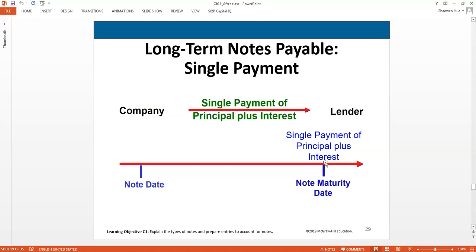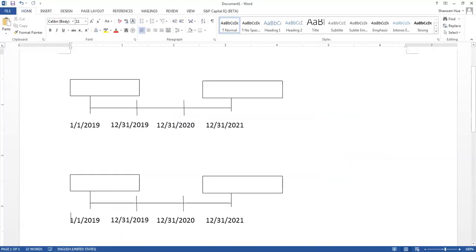And usually in finance, we call the amount of money paid back to the lender the future value. And the amount of money we receive from the lender is called present value. So how do we calculate present value and future value?